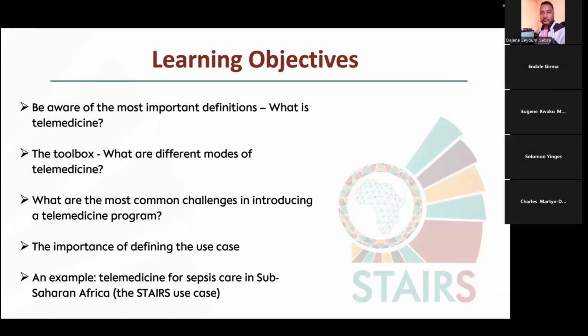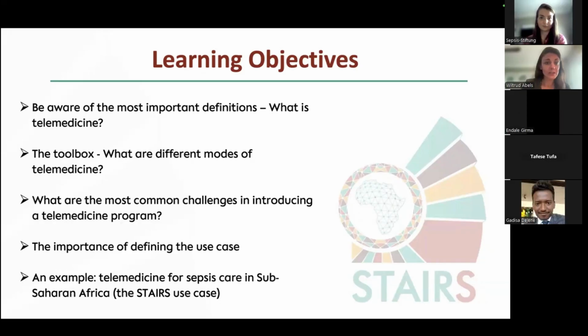I want us all at the end of the session to be aware of the most important definitions of what telemedicine actually is. I want to convey to you my view that telemedicine is kind of a toolbox because it can be many different things.